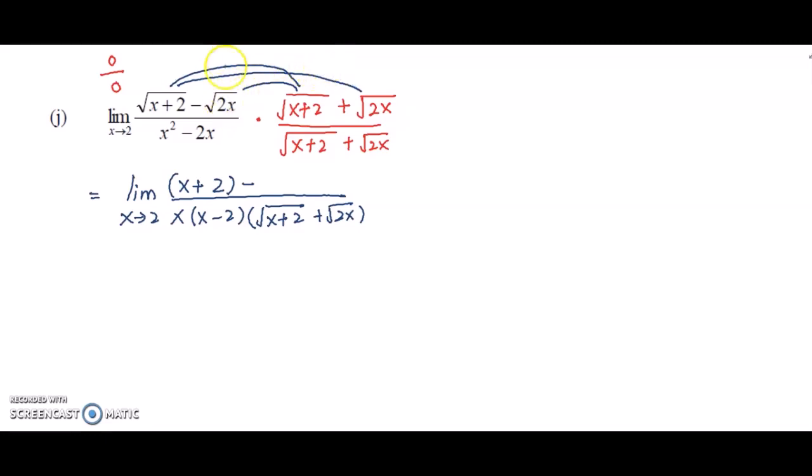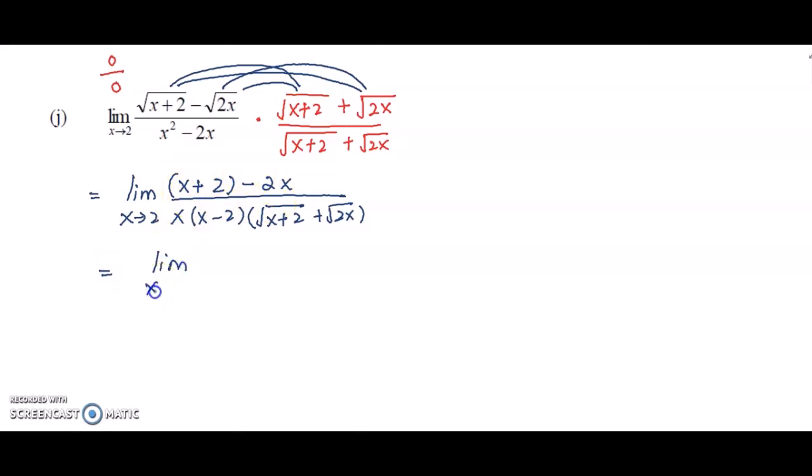It cancels off. Then this one is negative square root of 2x multiplied by positive square root of 2x. You got negative 2x. Okay, so now you can see that once it is multiplied by the conjugate, the square root term will be eliminated.